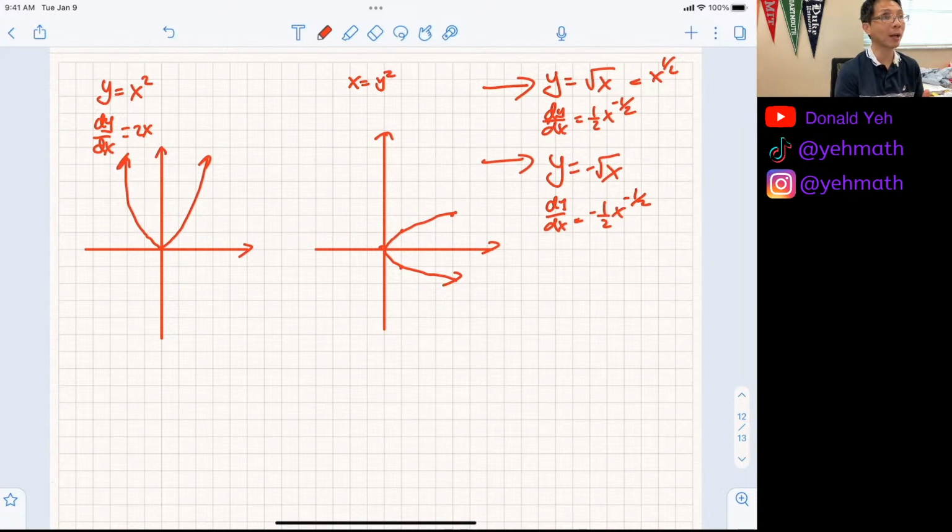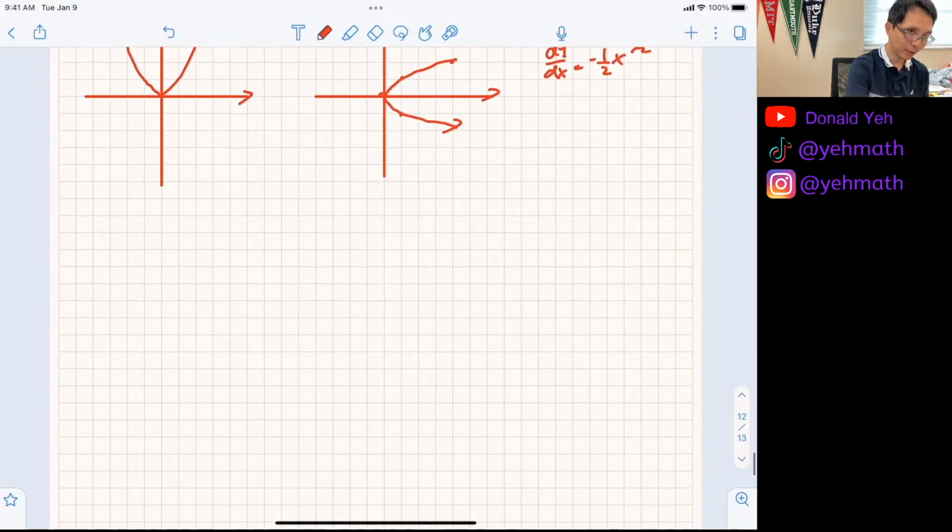They have to have a y. What do you mean? There's an infinite amount of equations that have y in there, but you cannot solve for y. So here's a problem, right?